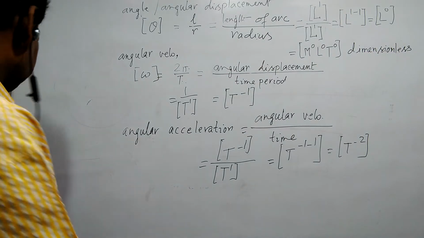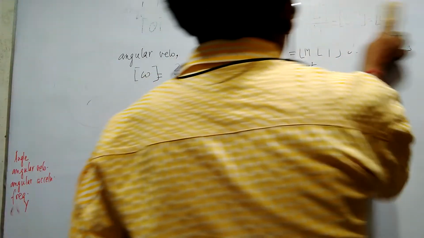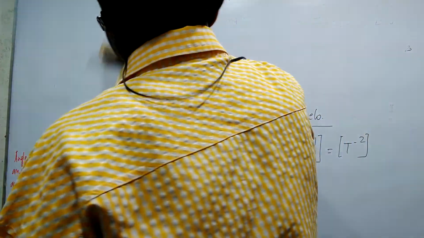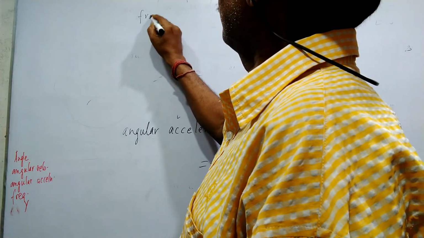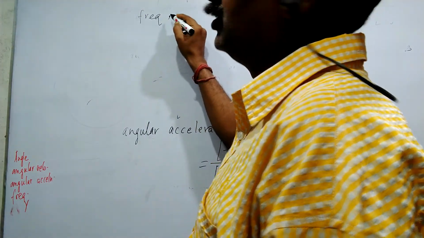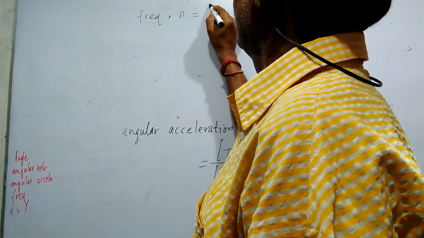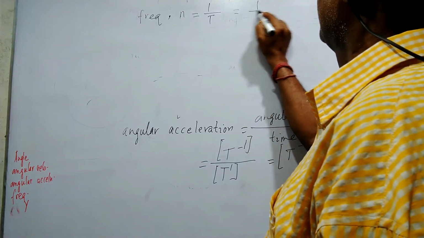Now let us find out the dimension of frequency. How do we define frequency? Frequency n equals 1 by T, that is 1 by the time period.